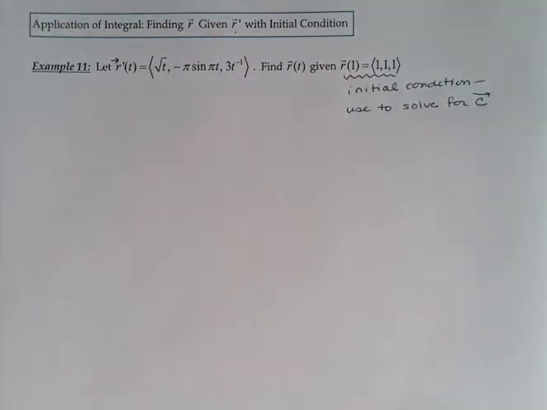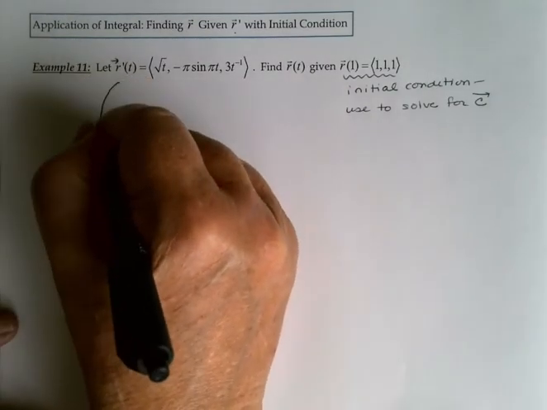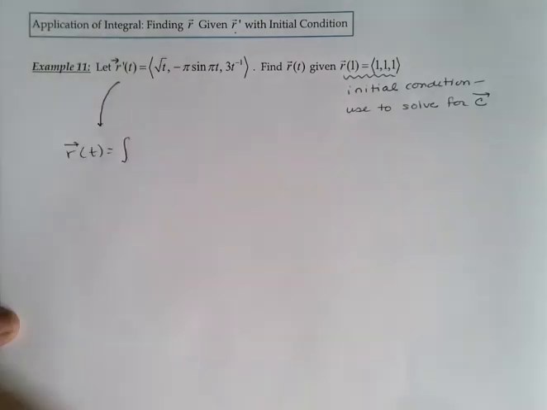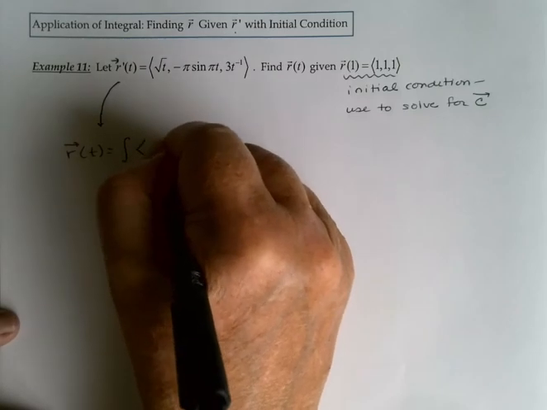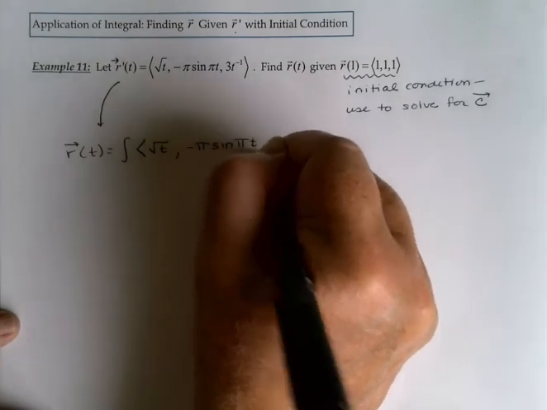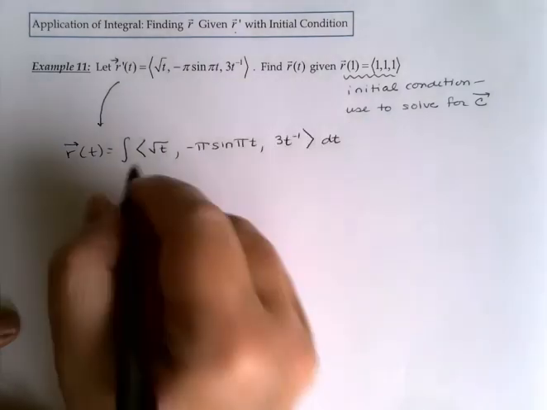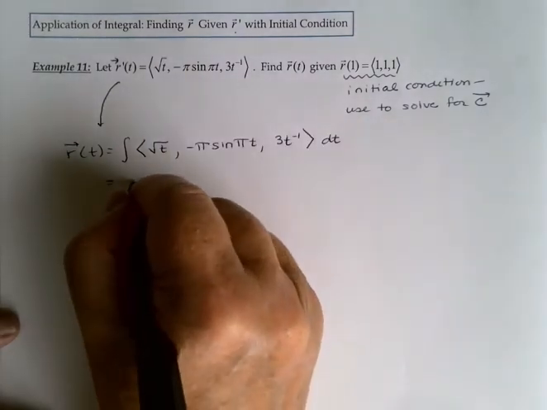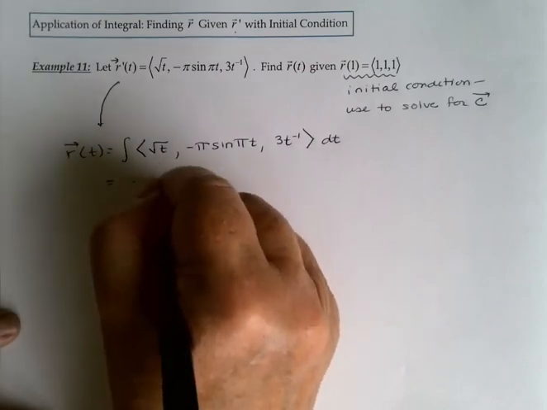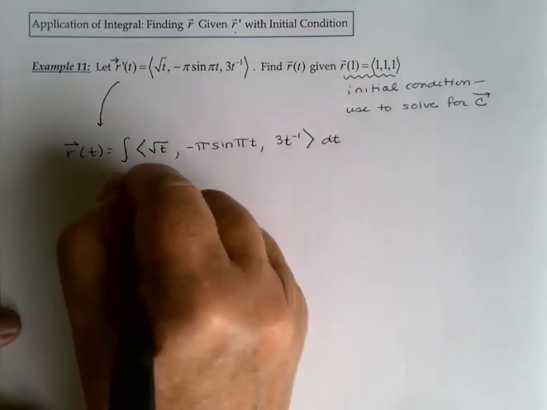So let's start by finding the general form of r. If I know r prime, then r is going to be the integral of r prime. So let's see here. The integral of t to the 1/2 would be t to the 3/2. Dividing by 3/2 is the same as multiplying by 2/3.